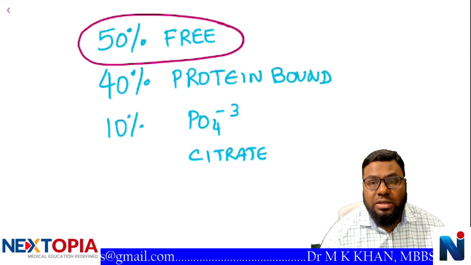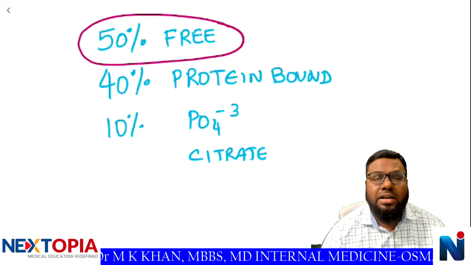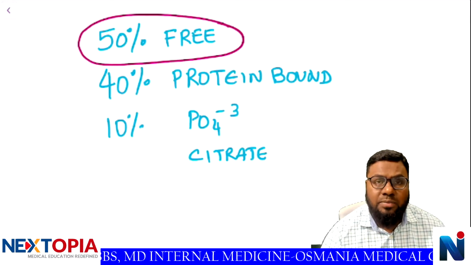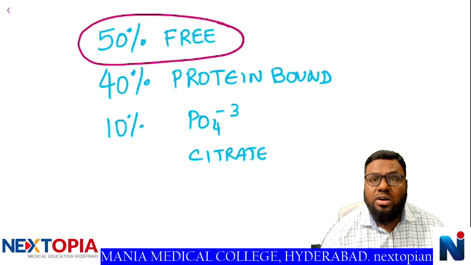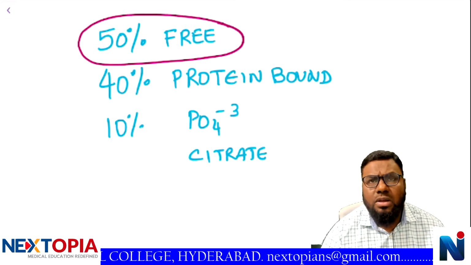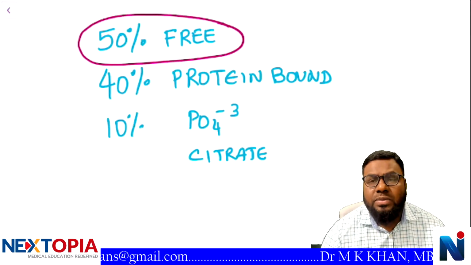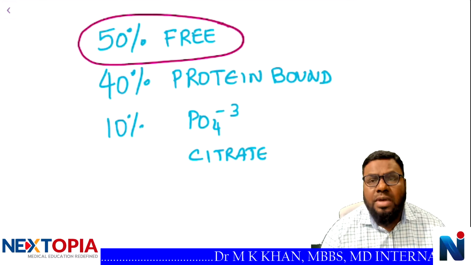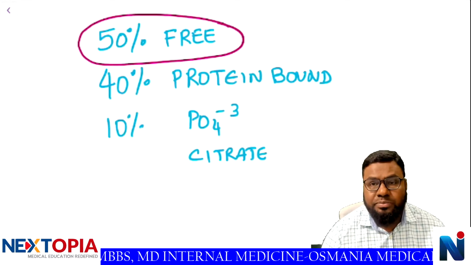Whenever I say regulation, that is entry into the cell, exit from the cell, entry into the plasma, exit from the plasma, entry into the interstitial fluid, exit from the interstitial fluid, all these we are talking about free calcium only. Whenever a person undergoes hyperventilation, it decreases, and acidosis, it increases the free plasma calcium.